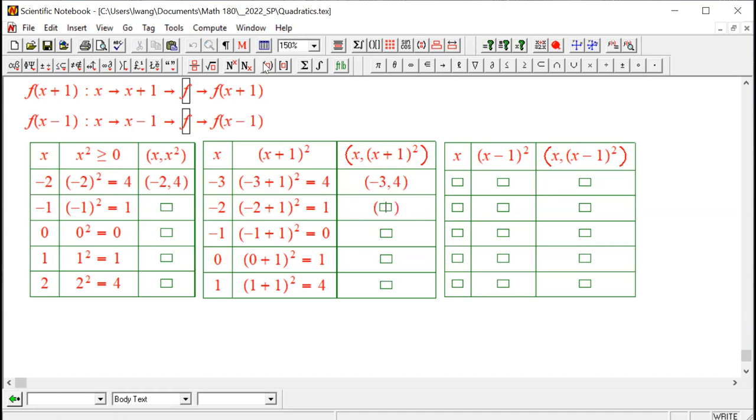Okay, and then for -2, the output is 1, but for 1, the output is 1. Right? We are familiar with x squared's values, 0, 0, and 1, 1. Then you say, why do you choose it that way? Well, to make a point, okay, to illustrate.